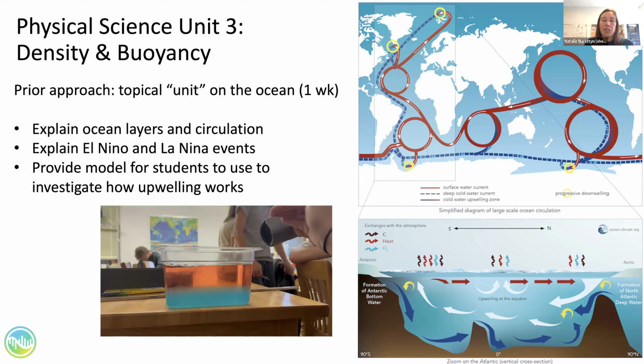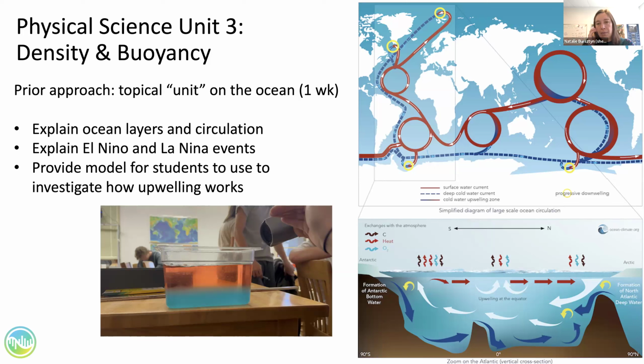So even in the physics and geoscience course, I would break out sections on physics and sections on earth science. A unit on the ocean would have taken probably a week, and would have included explaining the structure of the ocean, how ocean circulation works, like the giant ocean conveyor belt, explaining El Nino and La Nina events and their relevance and patterns in nature.